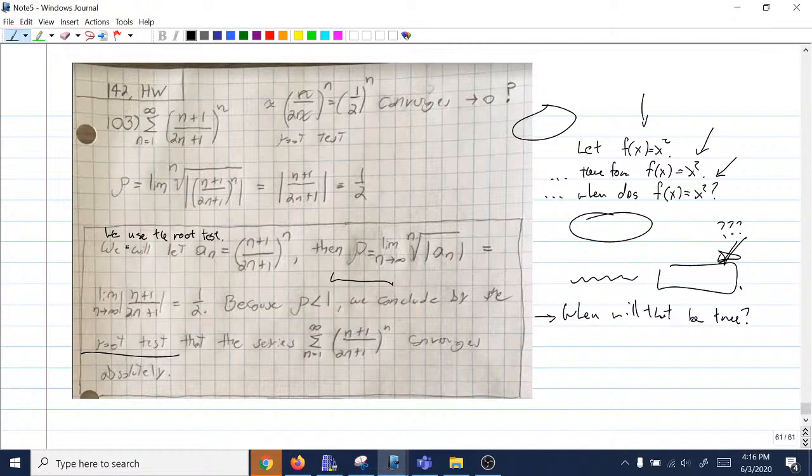Now that I've already used the word we, we can say let a_n equal this. Then rho equals this. Because rho is less than 1, we conclude the series converges absolutely. Maybe you don't need to say the root test anymore because you already said that you're using the root test at the top. That's a little thing.